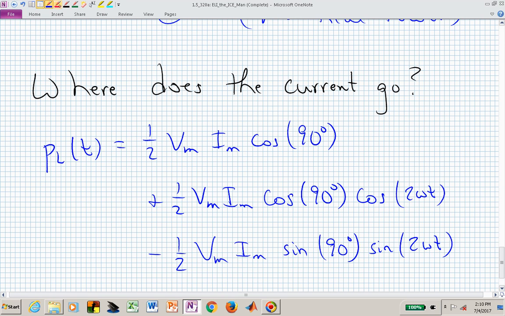Again, recalling our knowledge of trigonometry, the cosine of 90 appears in the first two terms, and cosine of 90 is 0.